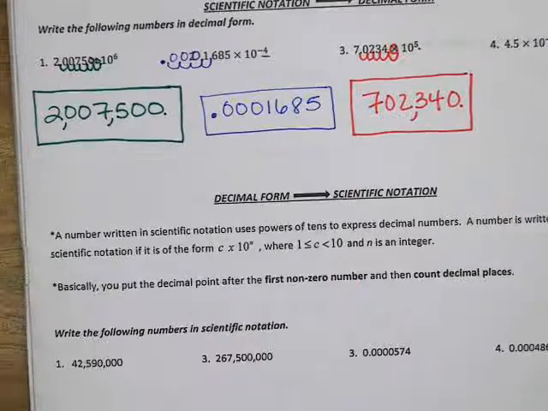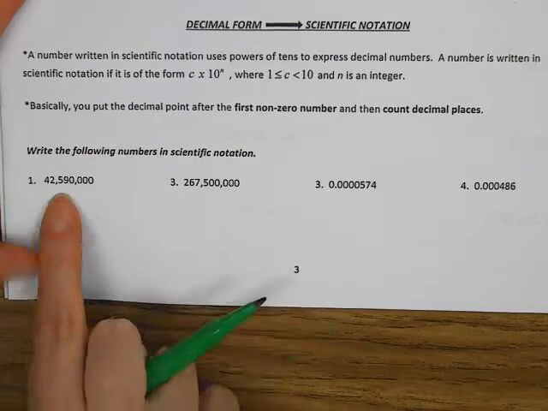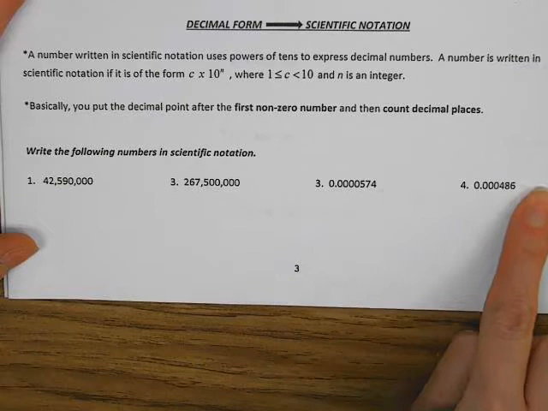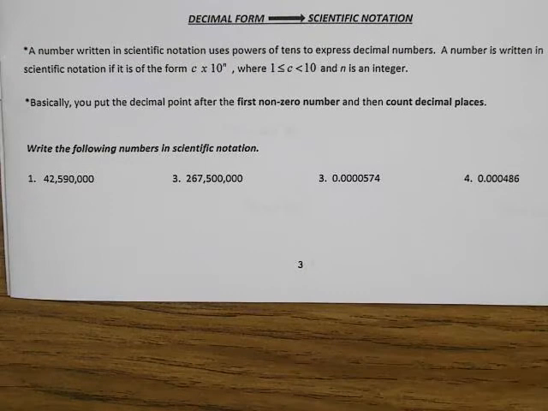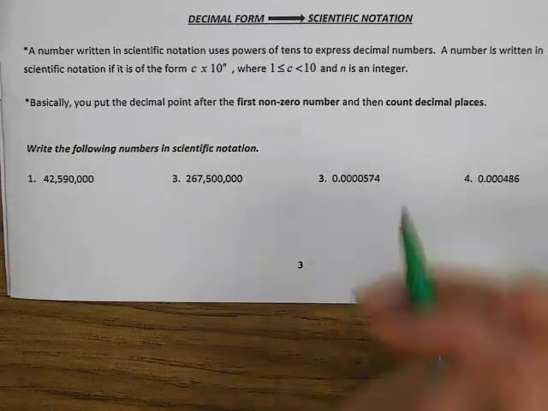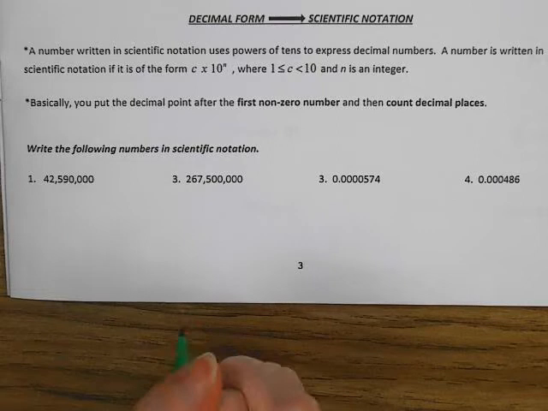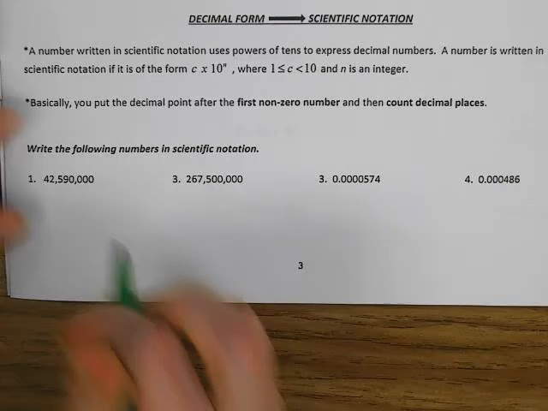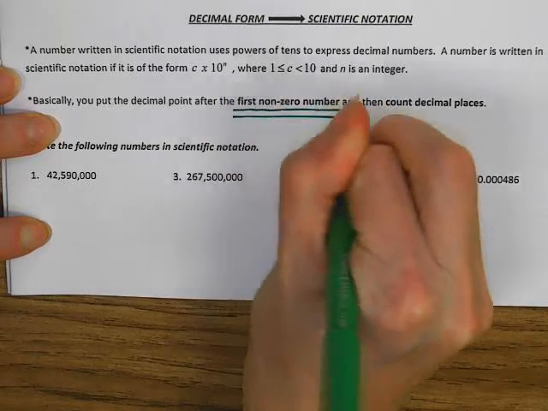Okay, now we're going to learn how to go backwards. So now if I give you the decimal form, can you write it in scientific notation? Okay, so here's the trick. The first thing you guys have to do is put the decimal point after the first non-zero number.